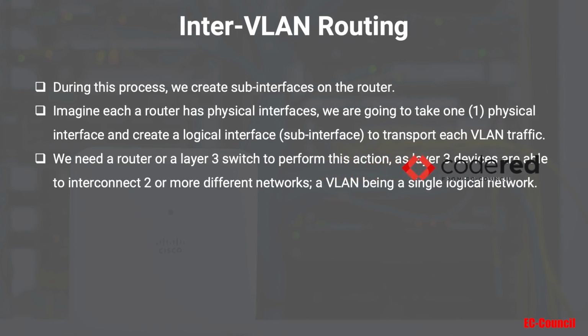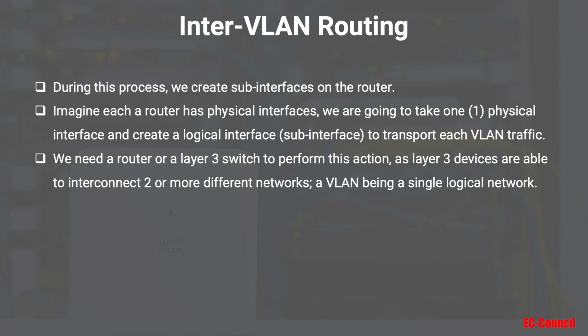A sub-interface is simply a logical interface that exists within a physical interface. So imagine each router has physical interfaces, and we are going to take only one physical interface and create multiple logical interfaces. These logical interfaces are known as sub-interfaces. Each of these sub-interfaces will be used to transport a unique VLAN's traffic.